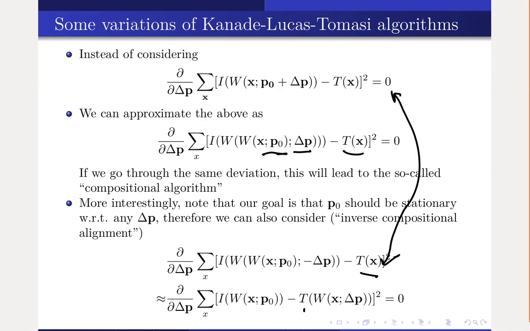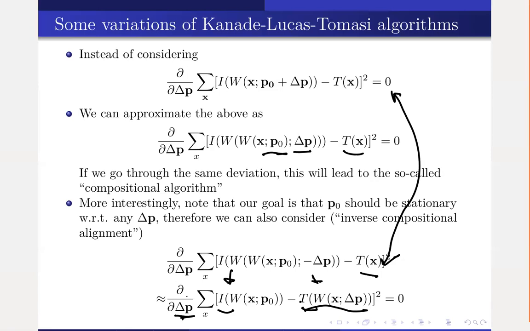If I go through all the steps, what you see is that my variable delta p is only on my template now, and if I take the partial derivative, it only depends on the template, it doesn't depend on the image. So if we assume the template is not changing too rapidly, let's say if I'm tracking something and I change the template every 5, 10 or 20 frames, then it can potentially save lots of computation, because the template is fixed, but the image has to vary basically every frame.